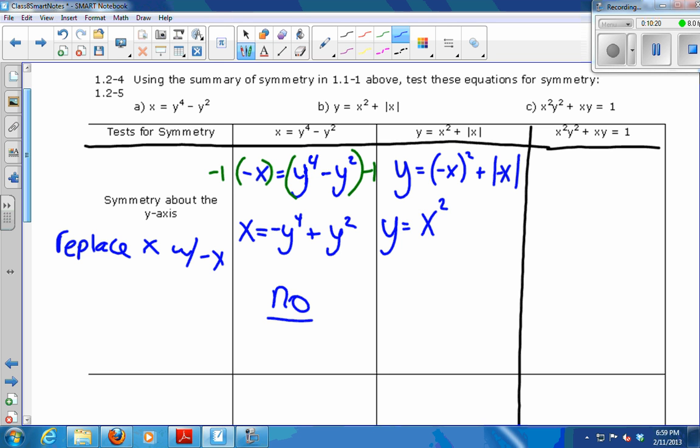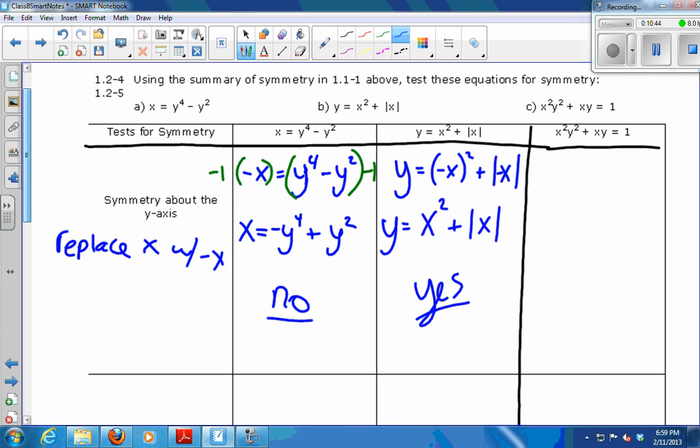And the absolute value of negative x, which is also the absolute value of x, right? The absolute value of x and the absolute value of negative x are the same thing. So that is the exact same equation as my original. So yes, y-axis symmetry exists there.